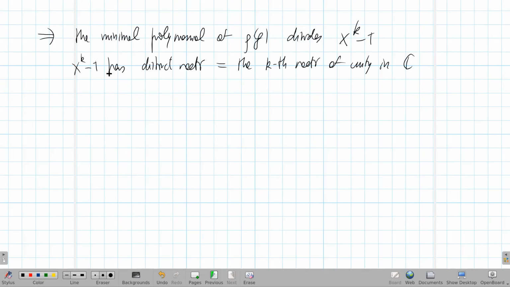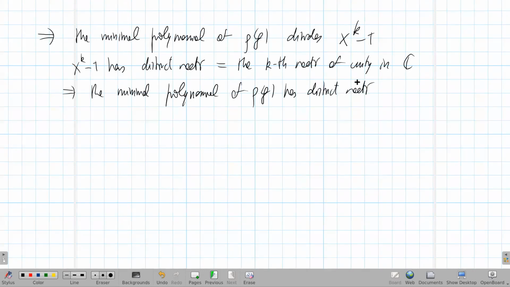The minimal polynomial divides this, so the minimal polynomial of rho of g has distinct roots. And this implies that rho of g can be diagonalized.